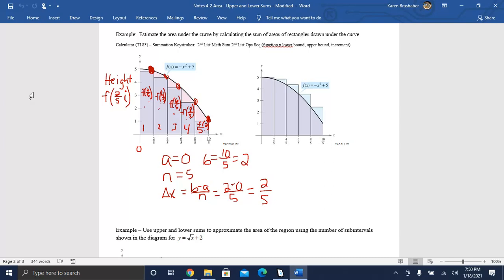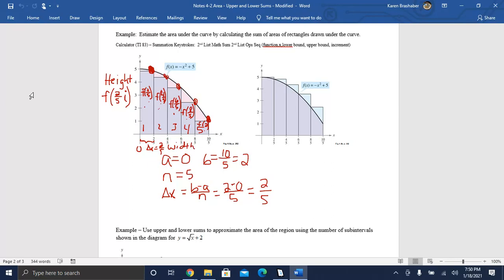So the height of each rectangle can be represented by f of 2/5 I. So now I have a representation. I have the height, and I said before, our width we calculated using the delta x. So the delta x, which was equal to 2/5, is the width of each one of these rectangles.